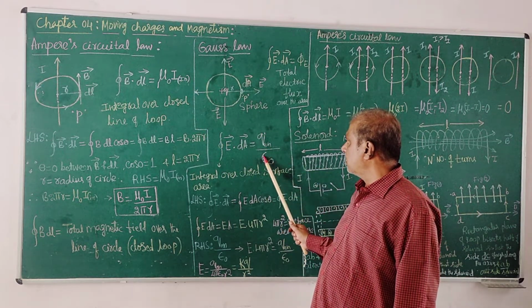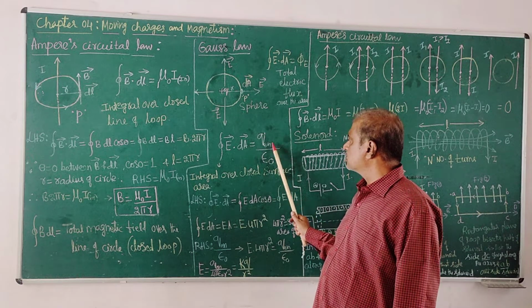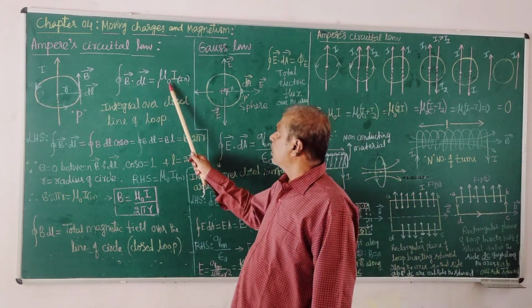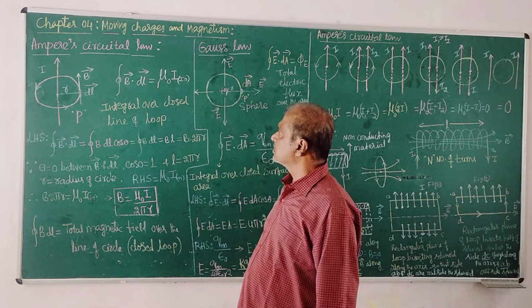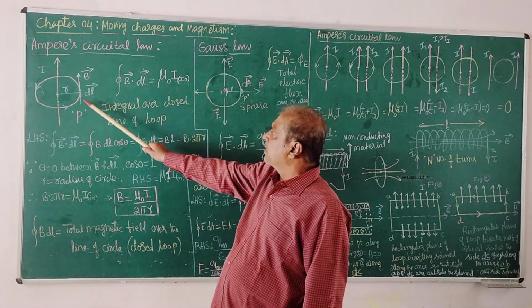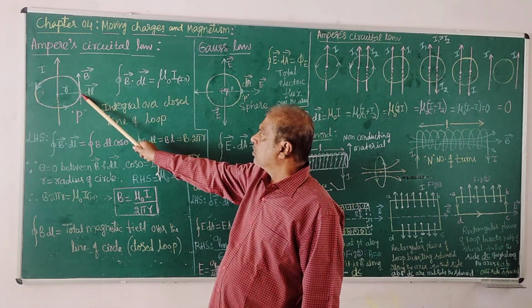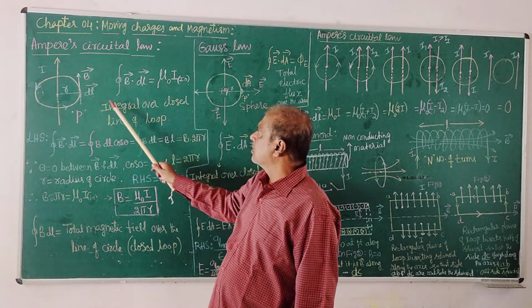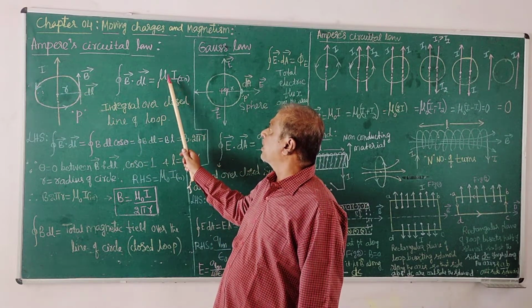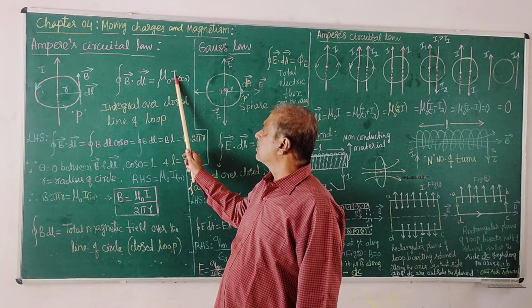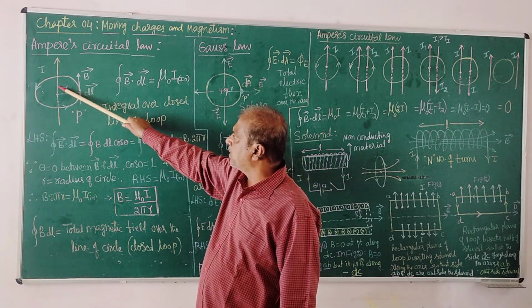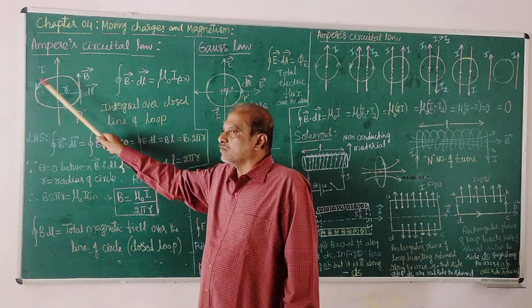So 1 by epsilon into the amount of charge enclosed, and mu naught into I. Look at the difference. The magnetic field over the entire line depends on the amount of current passing through the plane enclosed by the line.